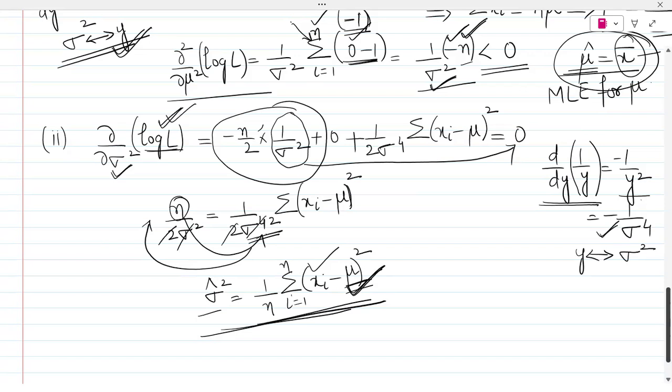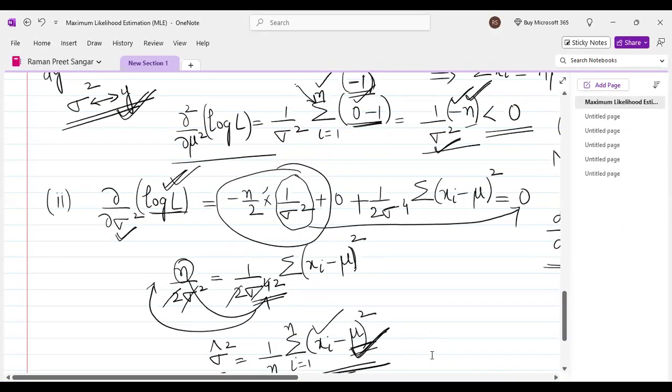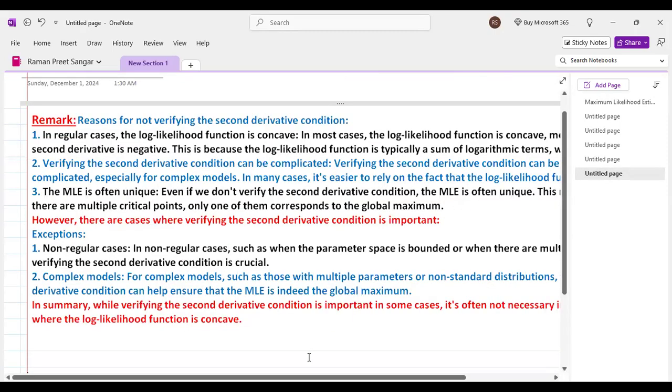I repeat, you go through any lecture notes of any author across the globe, you will find that the verification of the second derivative being negative is missing. So why is it missing? Although it is not that much part of this series, for your knowledge or curiosity, I am showing you.